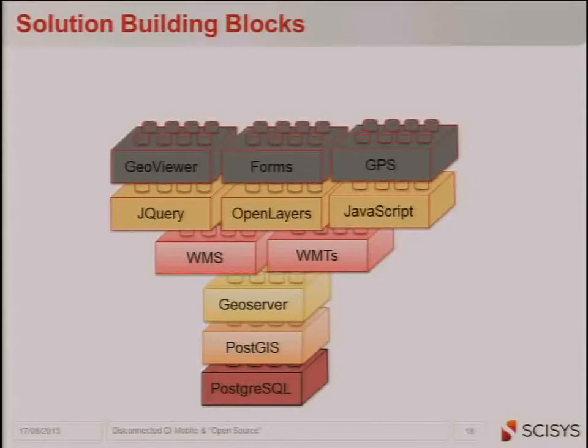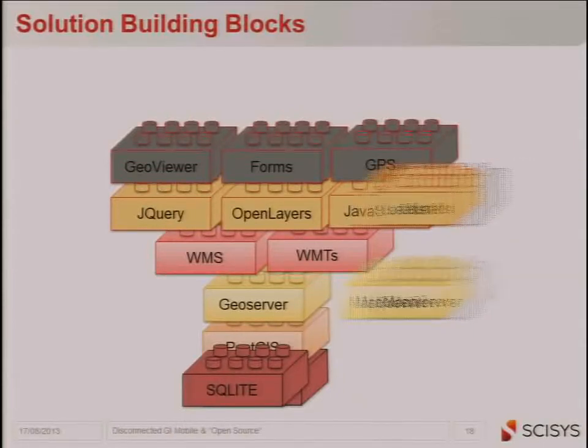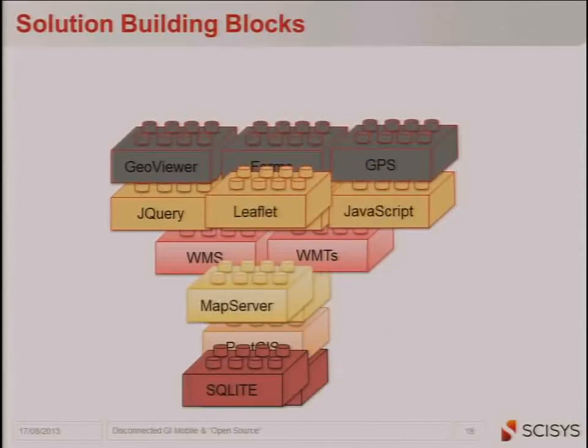But the key thing, as I mentioned, is that we have the ability to swap Postgres with SQLite. There's no problem. You can do that, and it's still going to work, and you don't have to re-engineer the whole solution. Maybe you would rather have Leaflet rather than OpenLayers in combination with MapServer. Yes, you can do that as well.